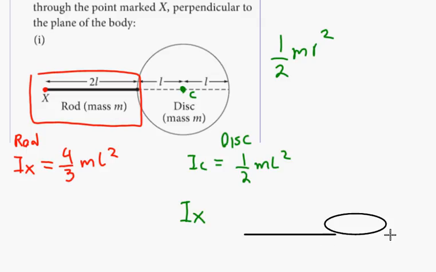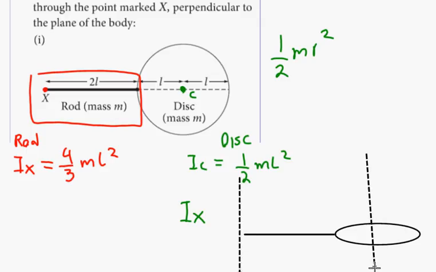If I was to draw an image of this from a sort of side view angle, X would be going down this way, if I can get it to go dead straight, and C will be going down this way here. So that point there would represent X, that point there would represent C. They're both going in the same direction. Therefore, the parallel axis theorem is accessible.